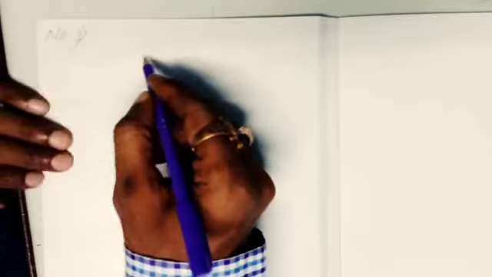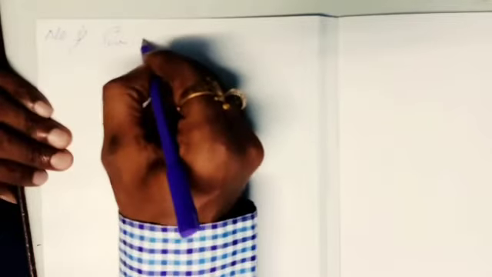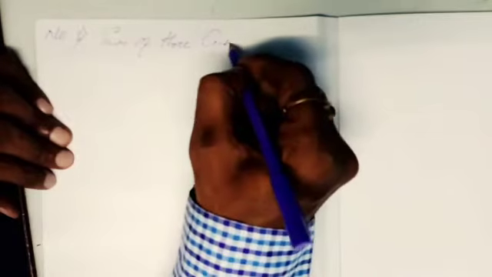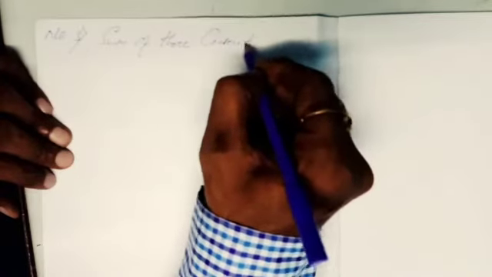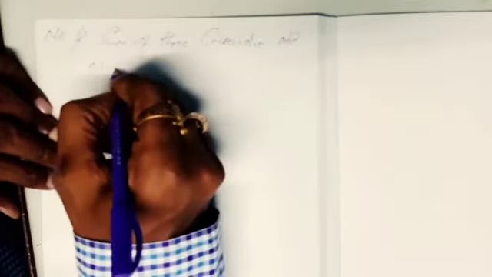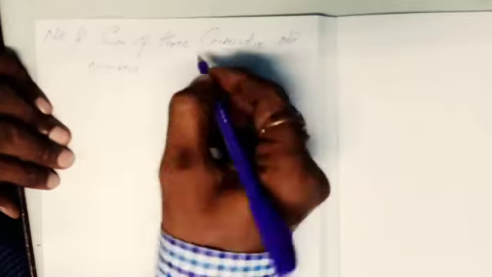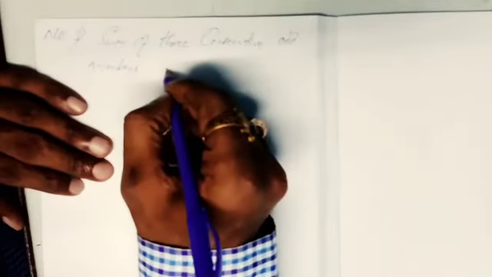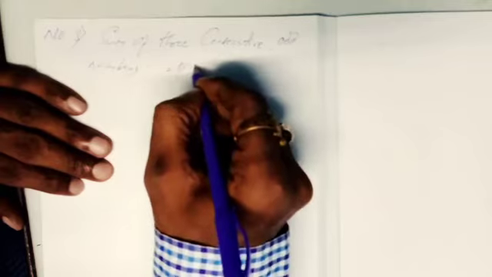Let us go to question 3. See, next it is given the sum of three consecutive odd numbers equal to 51.